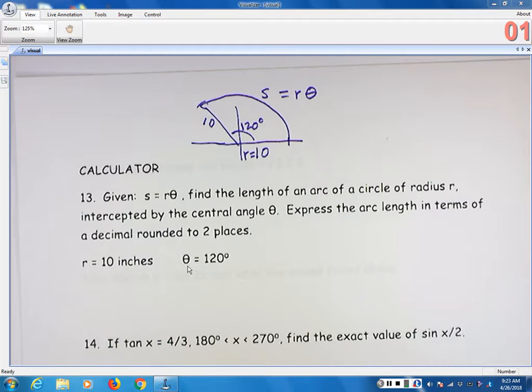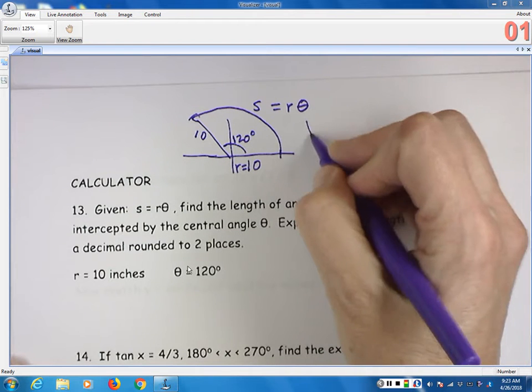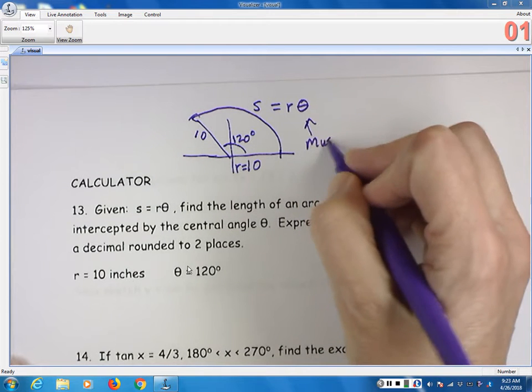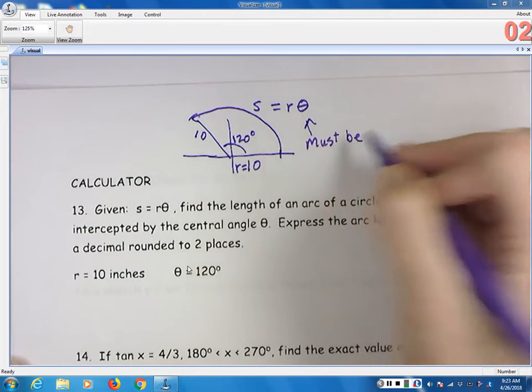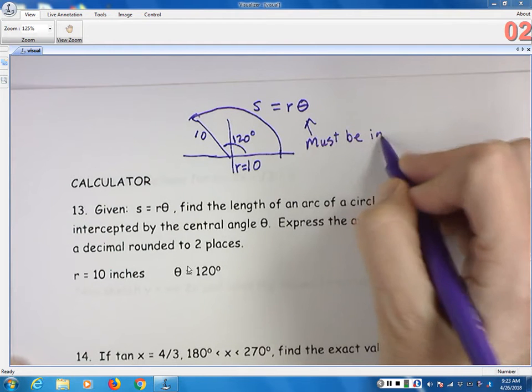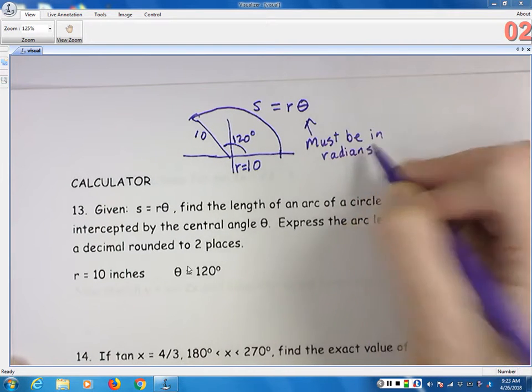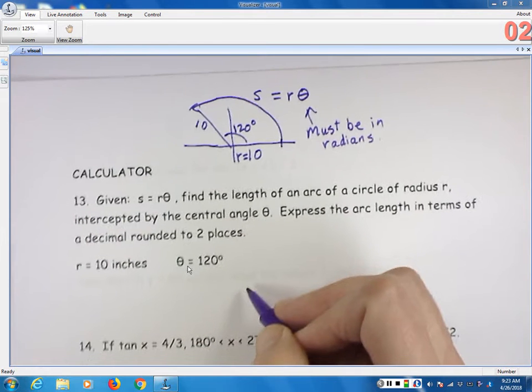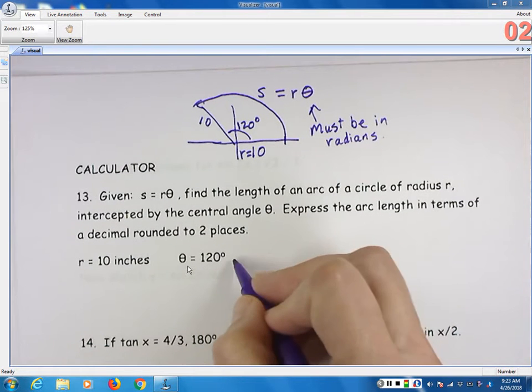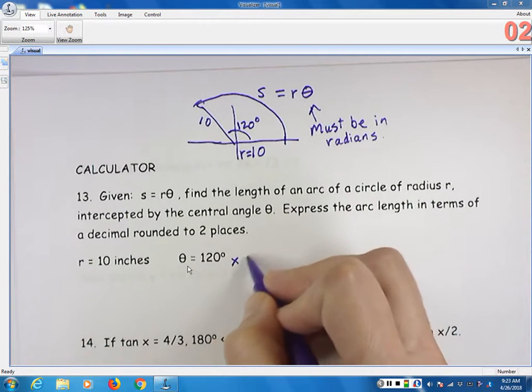Yes, theta must be in radians. So first you have to convert theta to radians. So theta is 120 degrees, that's times pi over 180.